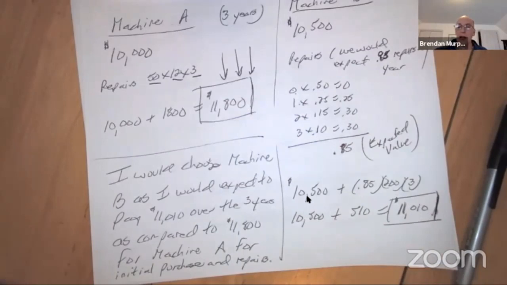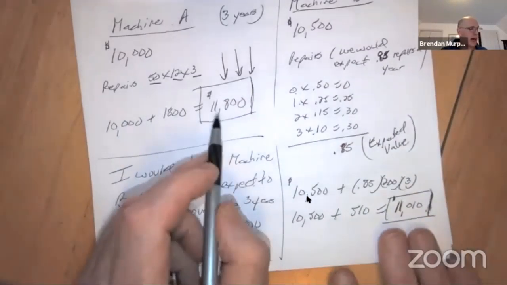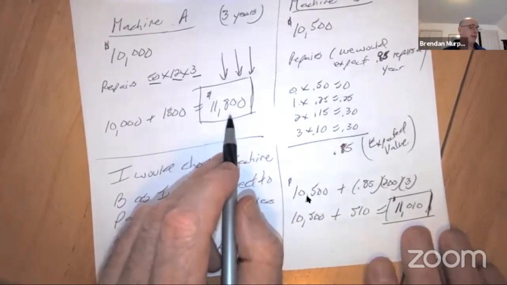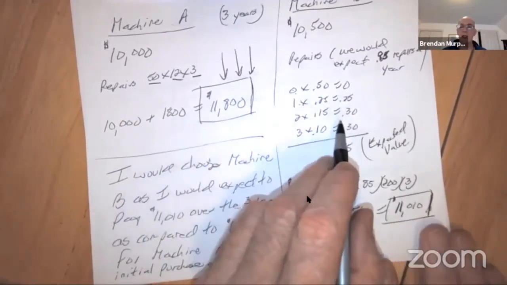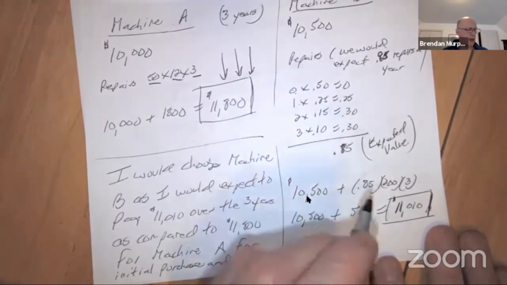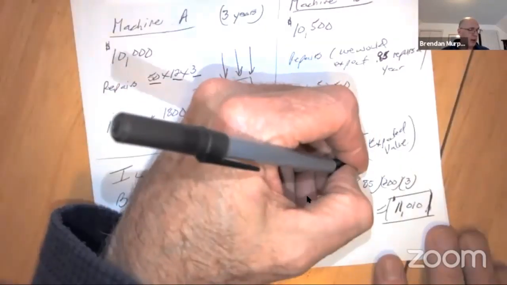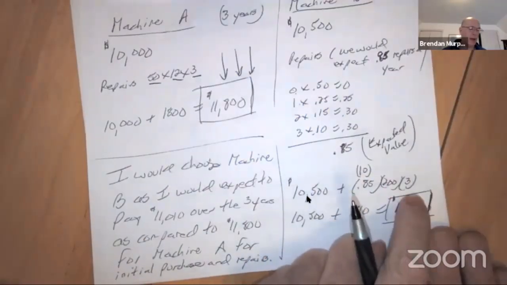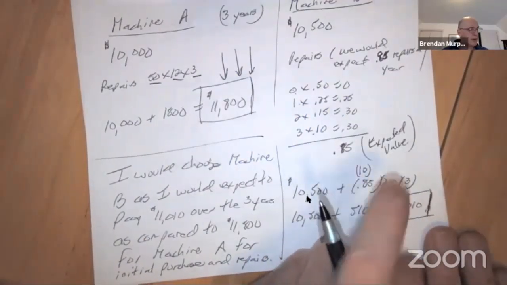You could make a strong argument that machine A is a better plan because it has unlimited repairs. In other words, with machine B, we expected 0.85, but maybe you could have 10 repairs a year. Well, that would be 10 times 200 times 3, which would be a whole lot more expensive.